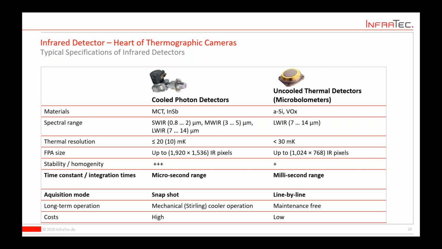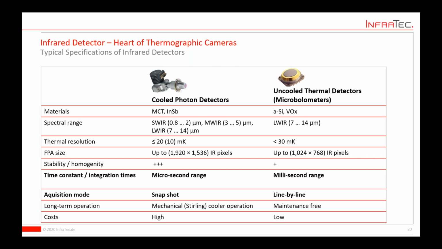That means each line is read out after the other, from the bottom to the top, so you have a time gap in between, and they simply react not as fast as these cooled detectors.